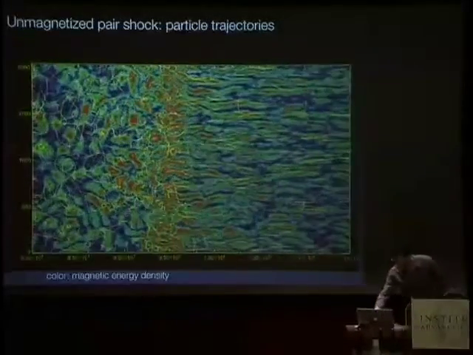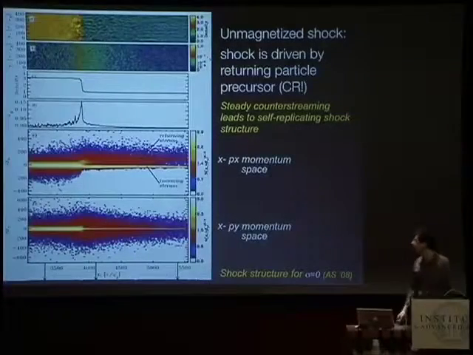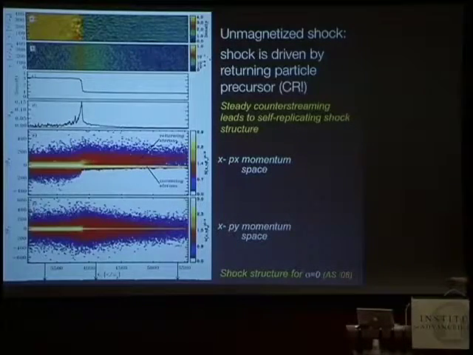What's happening is that the reason why the shock exists is because it maintains the counter-streaming. What's shown here is a phase space. This is the momentum space. This is the x direction, this is the velocity. And this is the incoming stream. It has negative momentum, going towards the shock, and then it isotropizes in the shock.